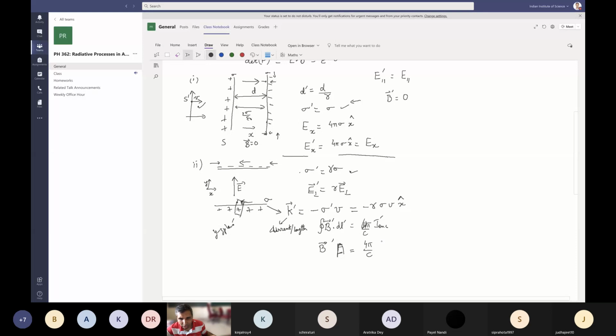I is minus gamma sigma V, and this is per unit length. It's a line integral, so it's basically delta y.